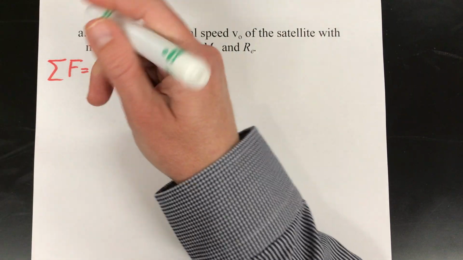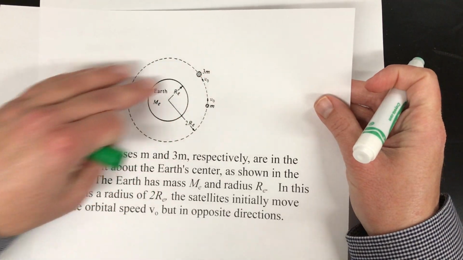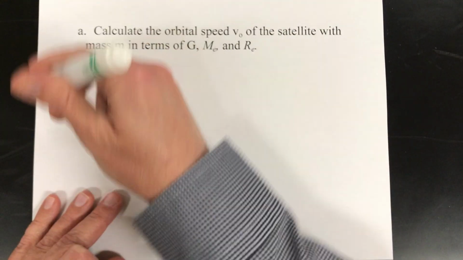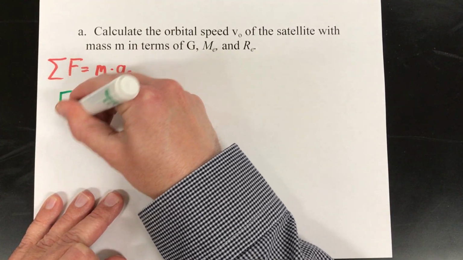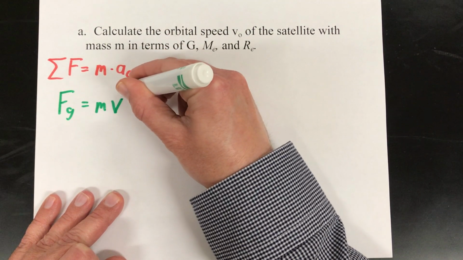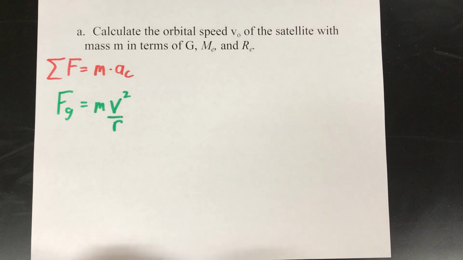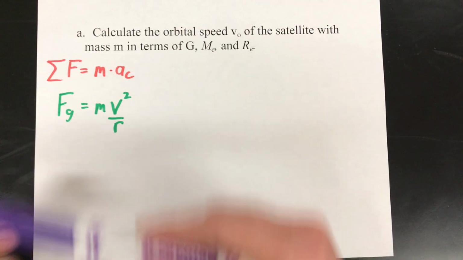Well, there's only one force on these satellites, and it's just the force of gravity from the Earth. So we'll write the force of gravity is equal to, and we'll substitute in for centripetal acceleration, so that becomes v squared over r.